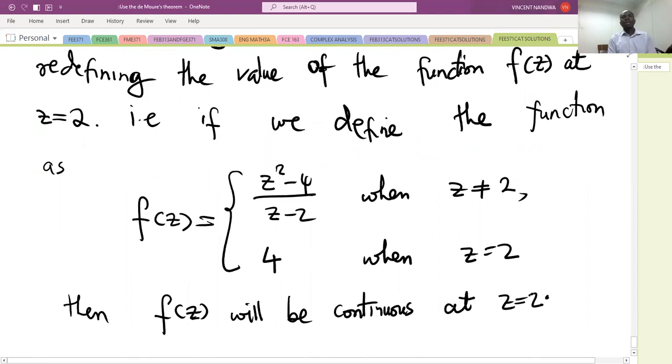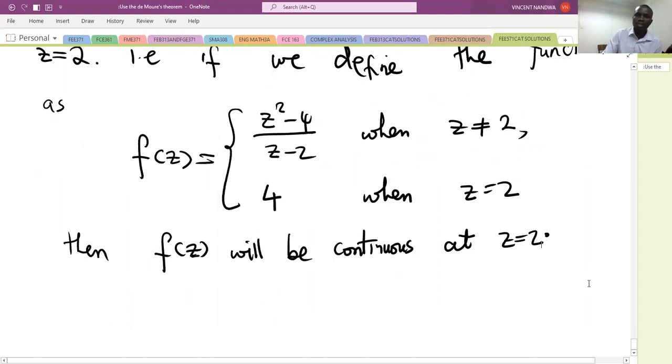So this is an example of a discontinuity called removable discontinuity.